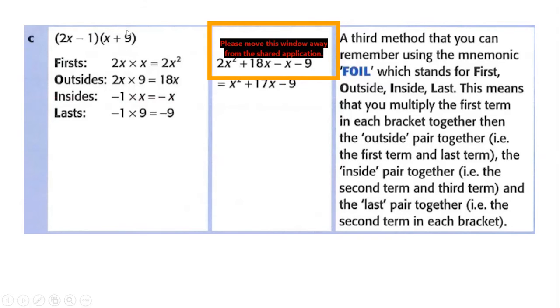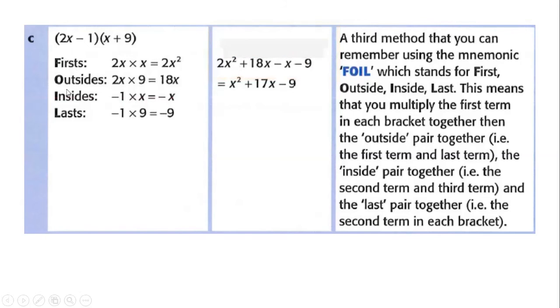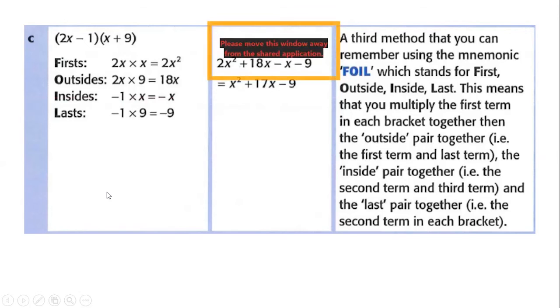So doing all these possible products like we did in the previous questions, but naming them by using these initial letters of the words first, outsides, insides, and last, and forming the word FOIL. Maybe some students find it clearer and easier to use this way to multiply. All of them are the same thing actually and give the same result.